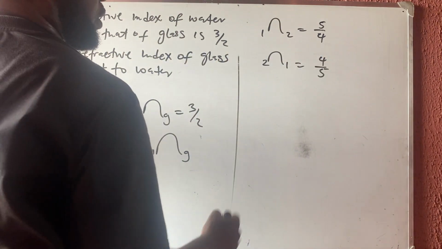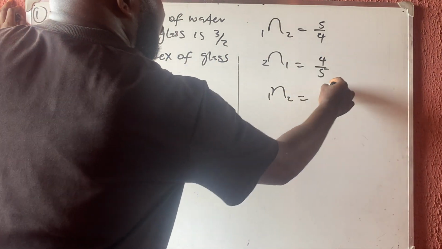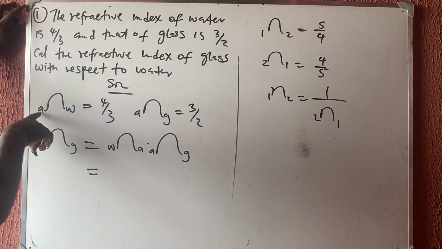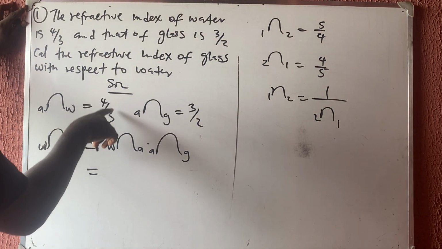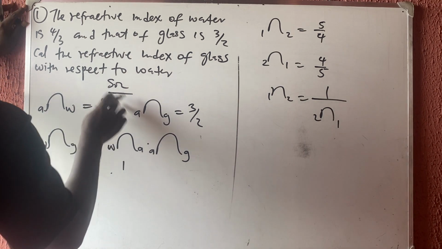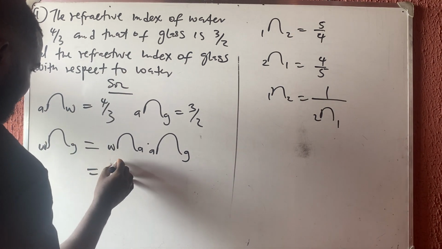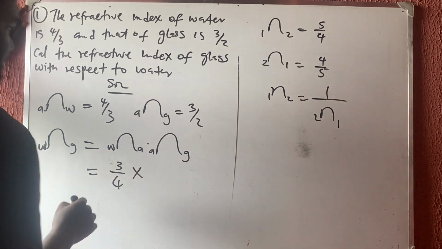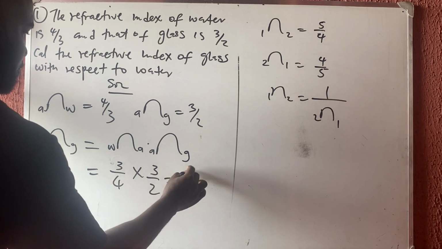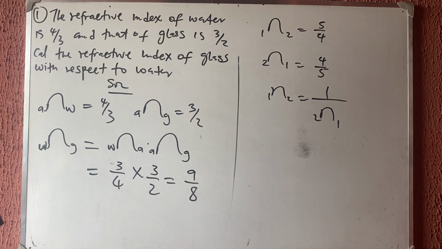I told you that before: from 1 to 2 is 1 over from 2 to 1. Don't forget. So from air to water is 4/3, then from water to air should be 1 over 4/3. Turn it upside down, that is 3/4, times 3/2. If you do that, you're going to get 9/8. So 9/8 is the correct answer there.